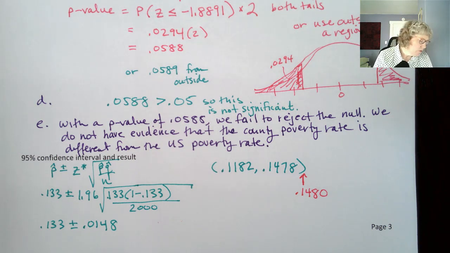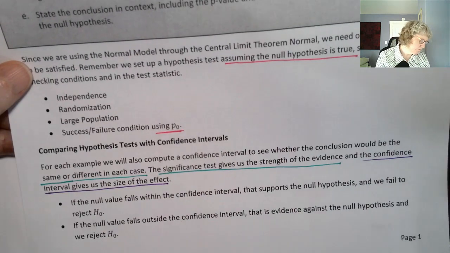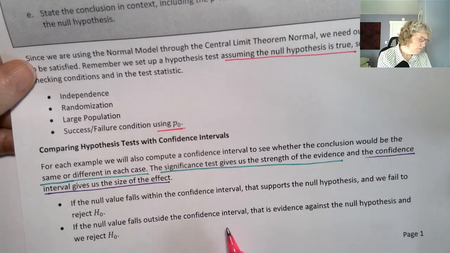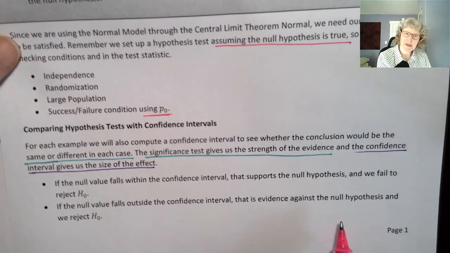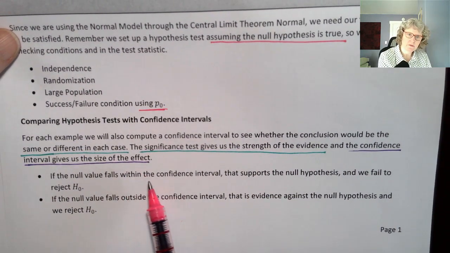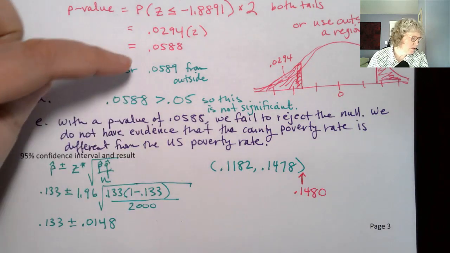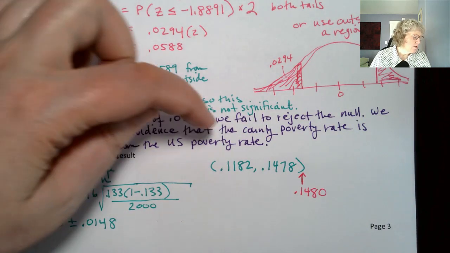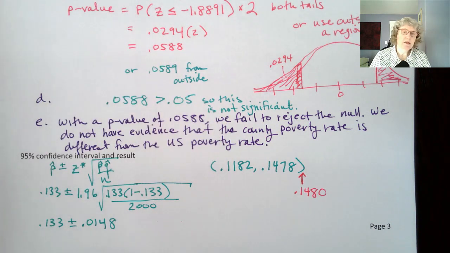It's slightly out. So if the null value falls outside, that's evidence against the null. If the null value falls inside, that supports the null. So because we didn't reject, I would think that it might be inside the interval, but it's barely outside. So these slightly disagree in this case.